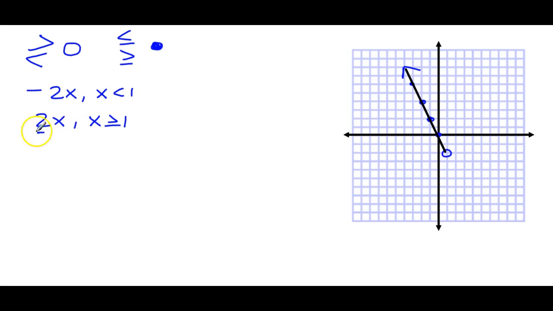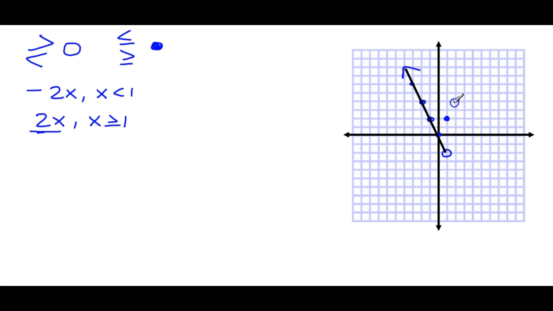Now the next one is just a positive 2x, but it says x is greater than or equal to 1. So I'm going to start here, but this time I am going up 2 and right 1, and because it's greater than or equal to, I'm going to put a closed dot.